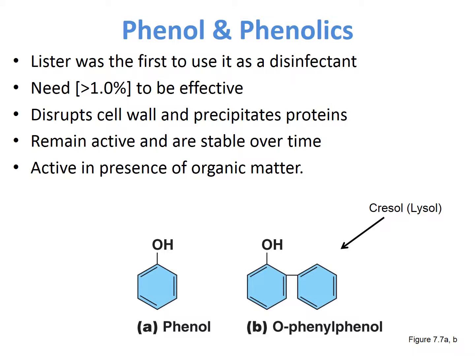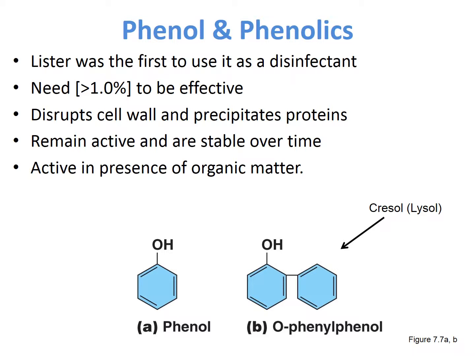One of the benefits of using phenols and phenolics as disinfectants and antiseptics is that once you apply them to a surface, they remain active and are stable over time. So you don't need to keep reapplying these chemicals over and over and over again in short periods of time. Another benefit of using these chemical compounds is that they're active in the presence of organic matter.